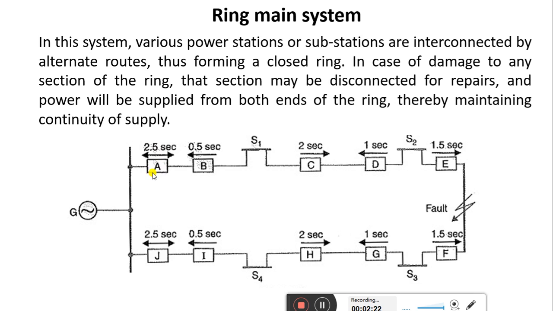So in this figure these two relays, relay A and relay J, are placed at the starting side of the generator. Both these relays are non-directional relays, that is, they can operate when current flows from either side. That is the purpose of a non-directional relay.